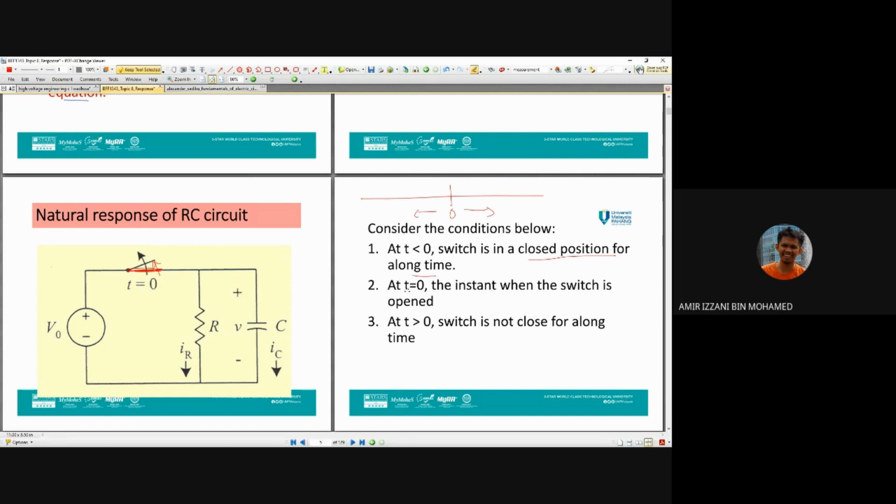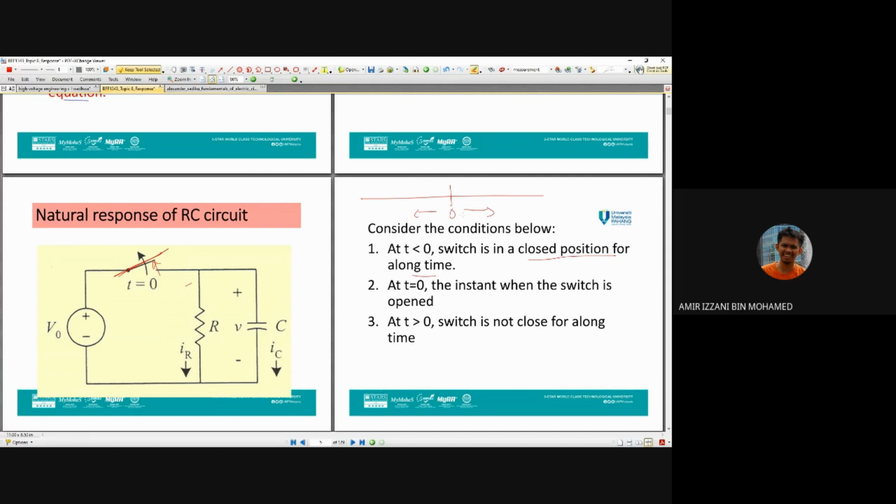And at t equals 0, the instant when the switch is open, meaning that no more charge will be provided from the power supply to the circuit. No more current.